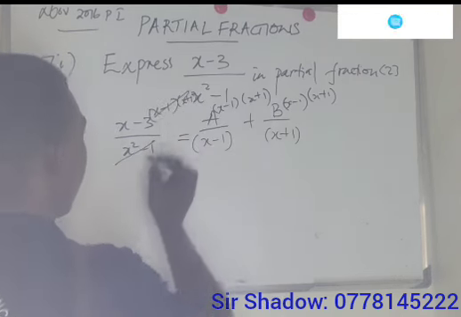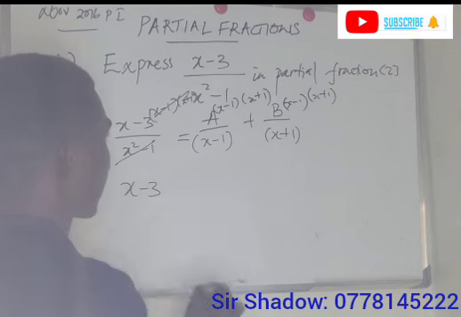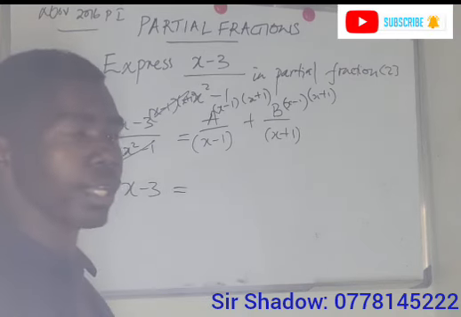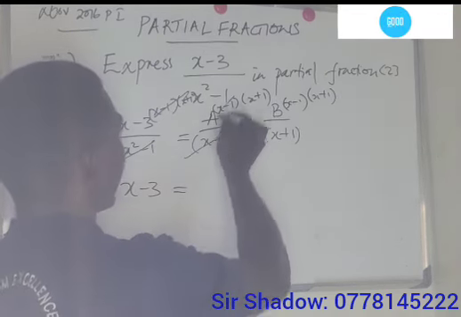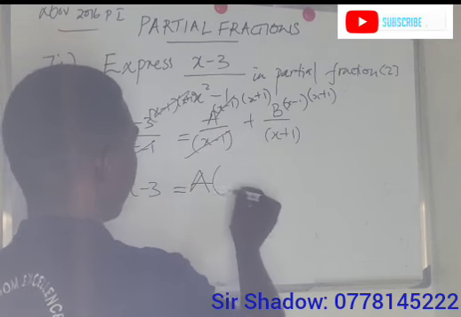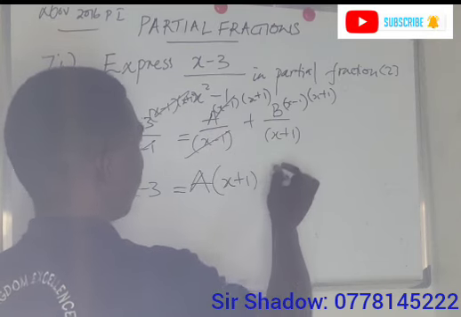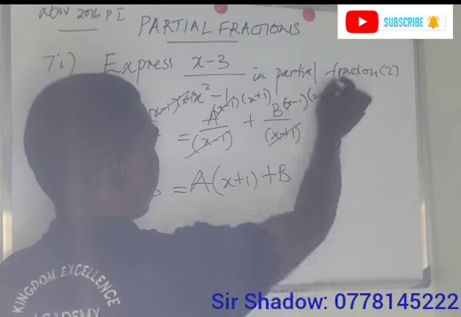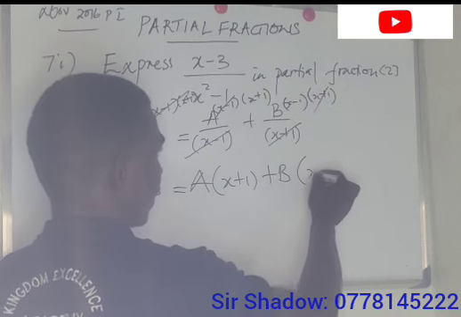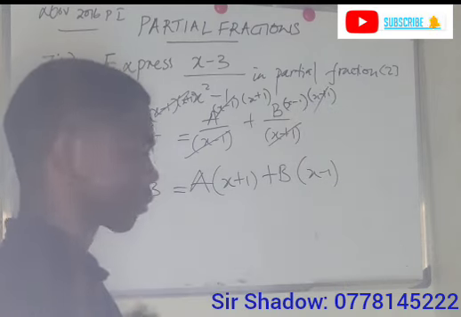This one, and you are left with x minus 3. This is equal to, then now this one, and you are left with a plus b, and left with x minus 1.